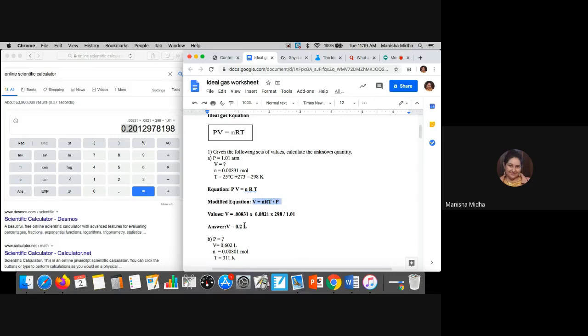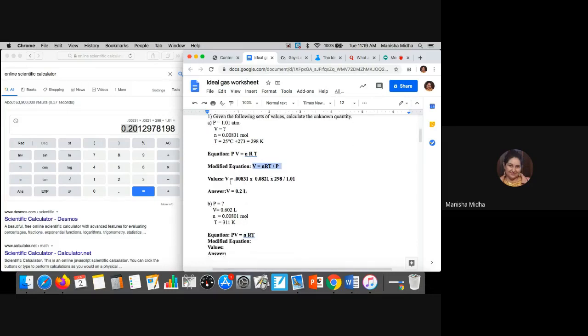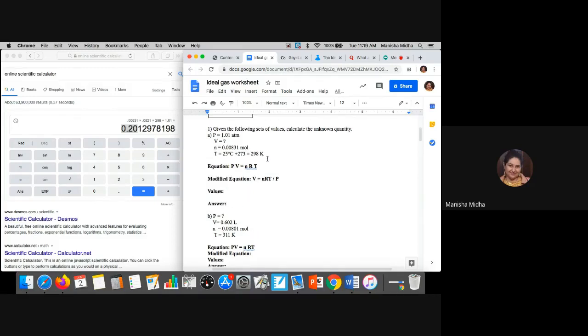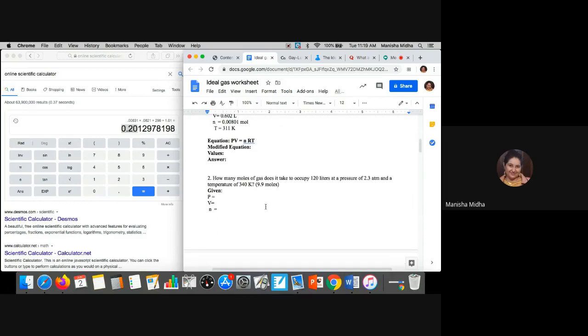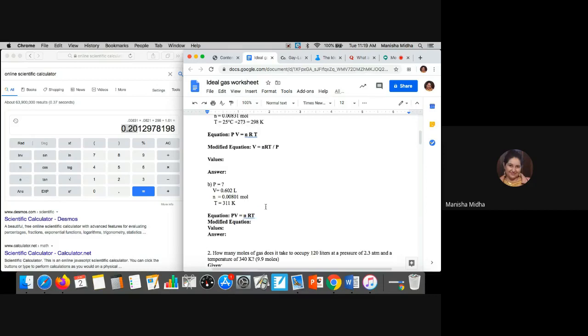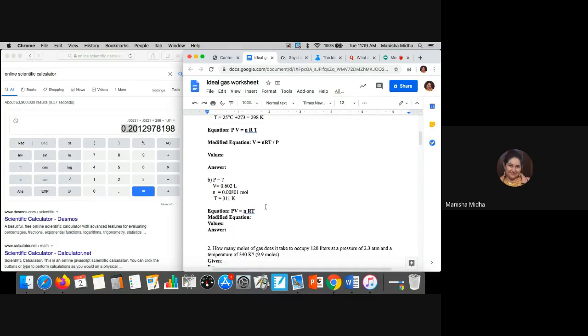It's a cross multiply, and you just answer the questions. I am taking off the answers from here so that you can solve it by yourself and see if you get the same answer. I hope that helps. And if you want me to solve more questions, I will do it in Google Meets. And if you want to have an independent meet with me, we can do that.